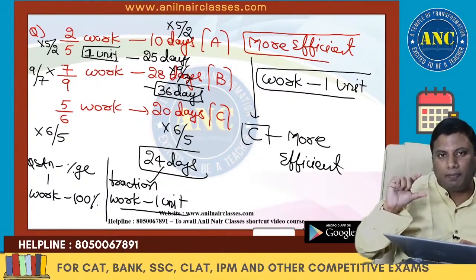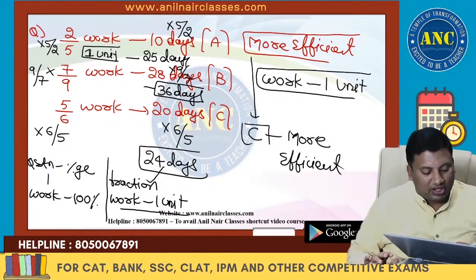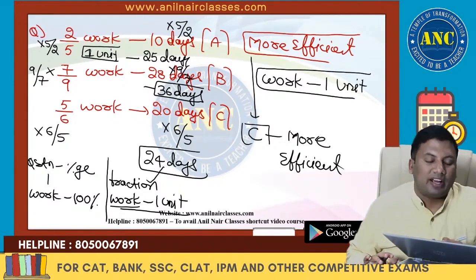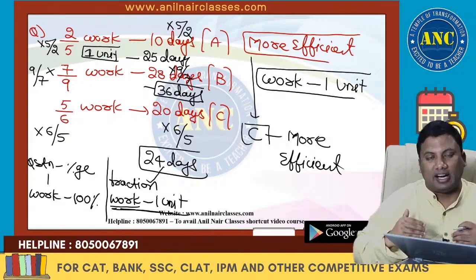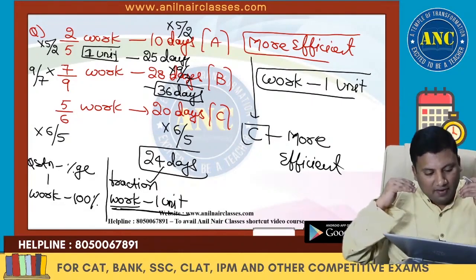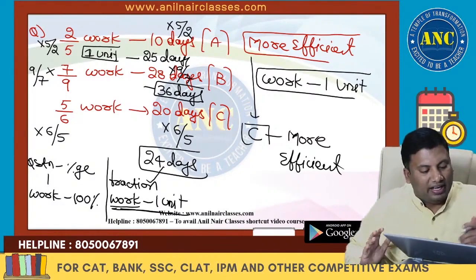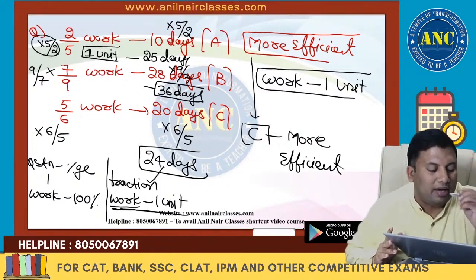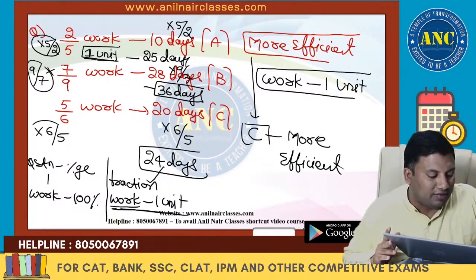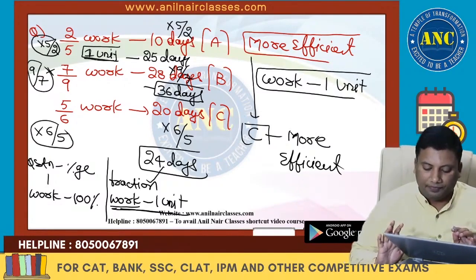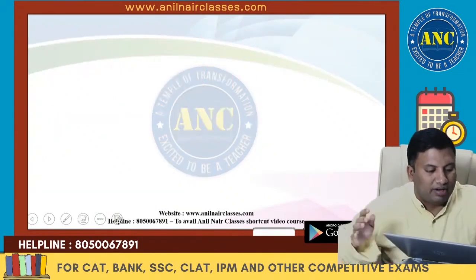If the fundamentals are right, then solving the problems becomes very easy. I hope you have understood why I multiplied by 5 by 2. I require 1 unit. Multiply by 9 by 7. Multiply by 6 by 5. C is said to be more efficient.